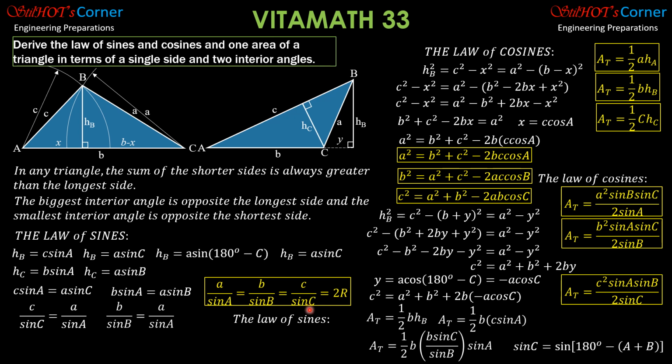If it is acute, then the other angles will also be acute. If the biggest angle found using the law of cosines is acute, there's no problem, the remaining angles will also be acute. Always, because you solved the biggest interior angle.